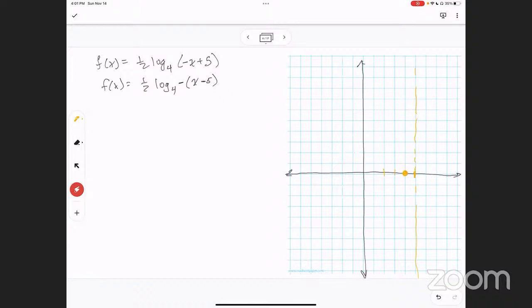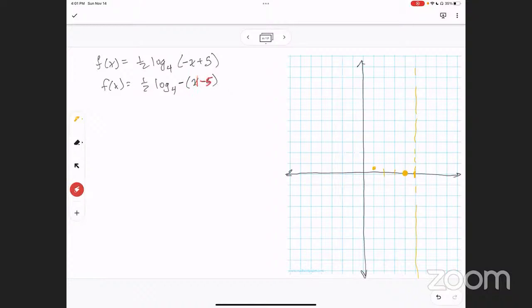So normally it would be over 4 up 1, but because of the 1/2, it's over 4 up 1/2. So that should be 1, 1/2. Yep, that's correct.